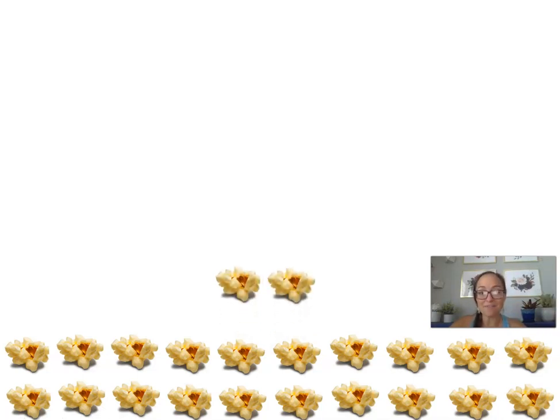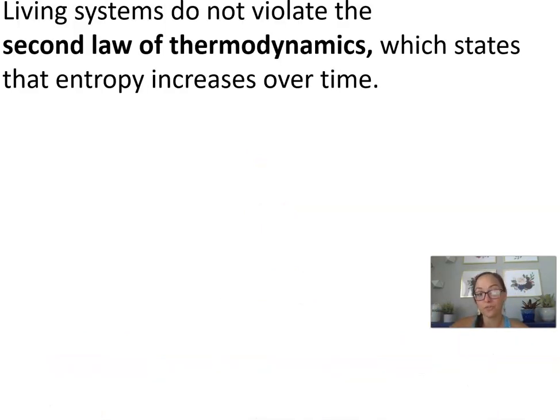And then if we only have 10% of those 2, I usually have my students try and break off a 10th of each of these. So then you have a small piece. You try and break a 10th of that. And you can see this is the reason why, if only about 10% of the energy from one trophic level is available to the next, very rarely do you have more than 4 or 5 trophic levels.